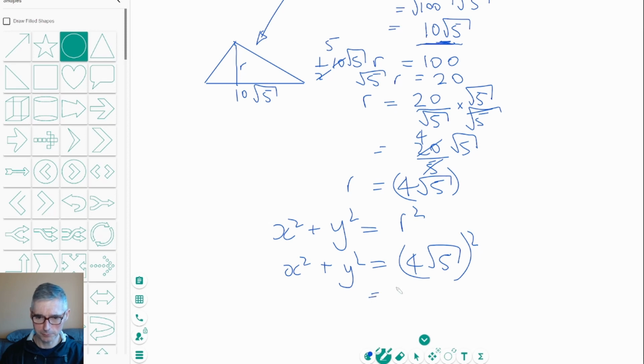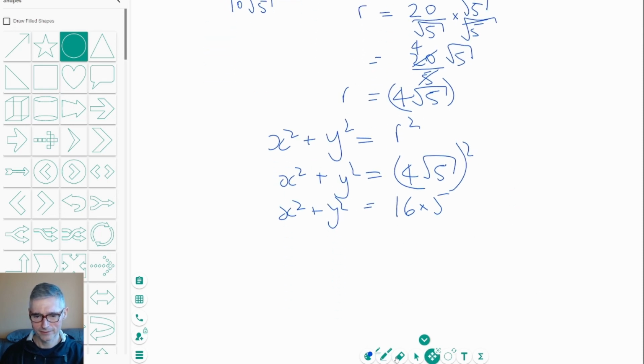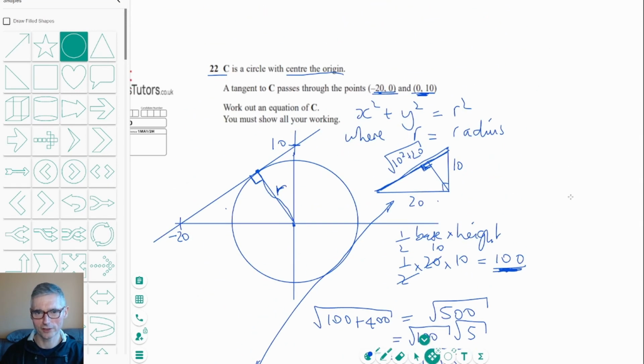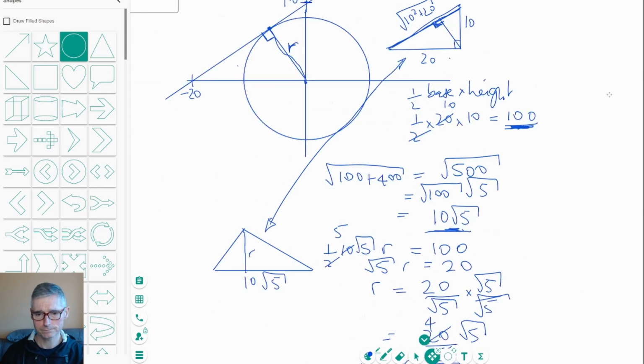And that becomes 16 times 5 when I square the 4 to get 16 and the root 5 to get 5. And 16 times 5 is 80. So we've got x squared plus y squared equals 80. And that is what we're asked to find in the first place. We're asked to find the equation for C, the circle here.